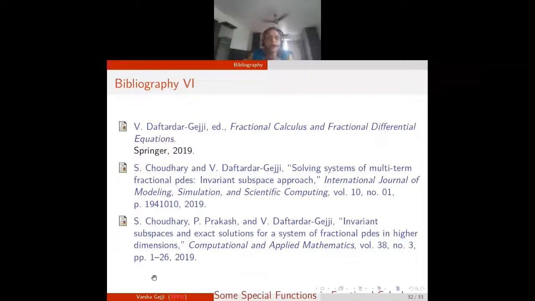And then with my students, Sangeeta Chaudhary and other collaborators, we have developed invariant subspace methods and so on. So there is a lot of activity going on in this field, and those who are newcomers can find interesting problems to work on.